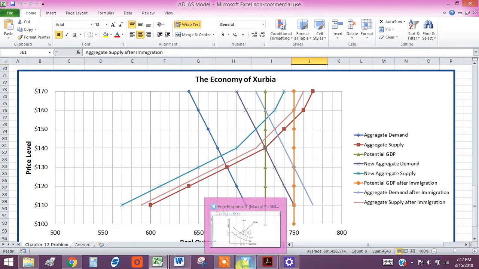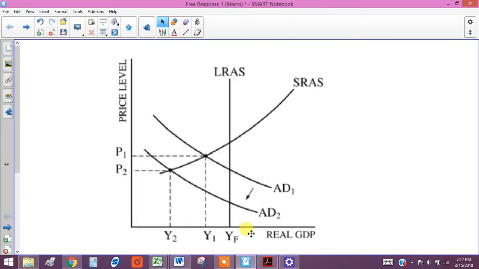So your graph for question 1 should look like this. You should have your price level on the vertical axis, your real GDP or Y outputs on the horizontal axis. You should show your long run aggregate supply curve as a vertical curve. It's not going to change with price at all.